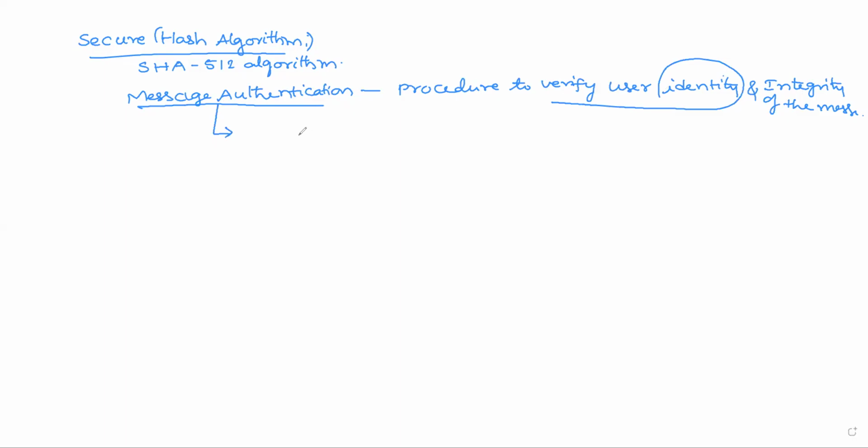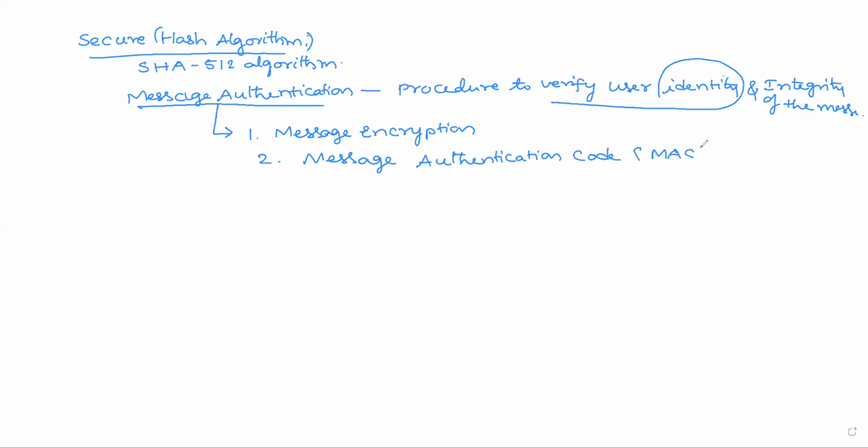authenticators or message authentication functions which are classified like one is message encryption, and the second one is message authentication code, which is nothing but MAC code.